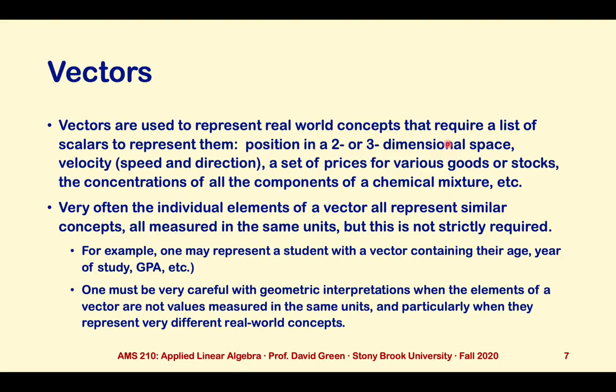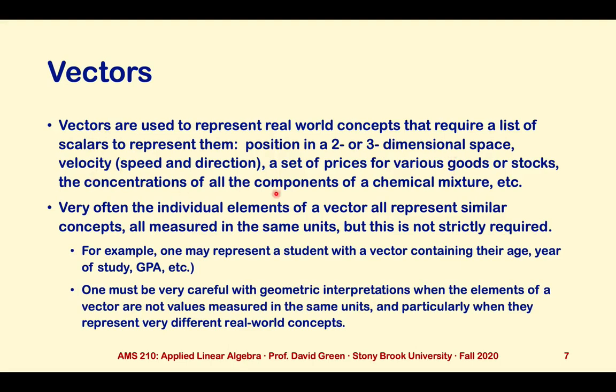Position in a 2- or 3-dimensional space is one of those. Velocity, which involves a speed and a direction, is another of these. These are examples that you might have seen in physics or in Calculus 3 if you've taken such courses. But other ideas in the real world are also well represented by vectors. A set of prices for a list of goods or a list of stocks.